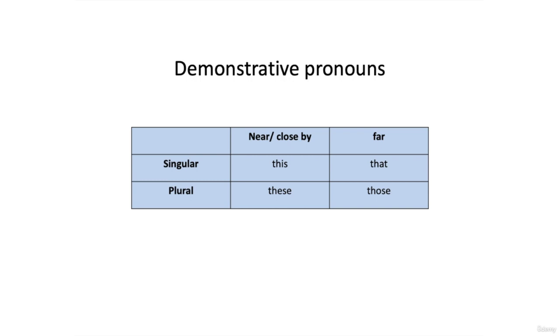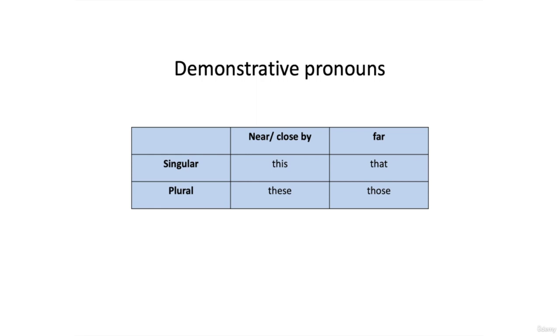There are 4 demonstrative pronouns: this, that, these, those. To indicate one or more things near in distance or time, we use the pronouns this and these.